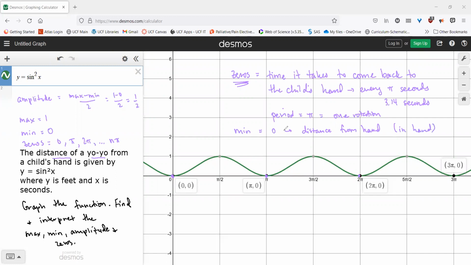So at 0, it's in their hand. And then the maximum is 1. We can see that is the farthest distance it goes from the hand. So in this one, that would be the length of the string. The length of the string is 1 foot.